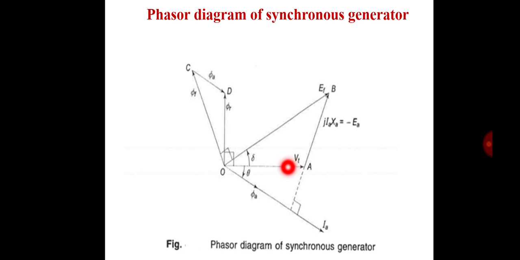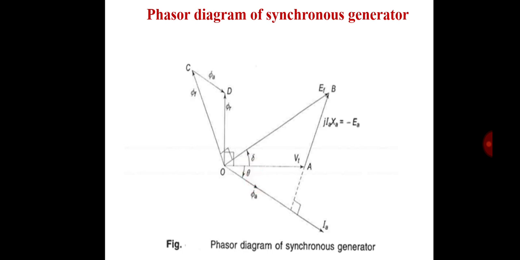First the flux phi F is produced, so we draw phi F. Then phi A is produced and Ia is produced. Resistance and reactance are negligible, so phi A and Ia are in phase.